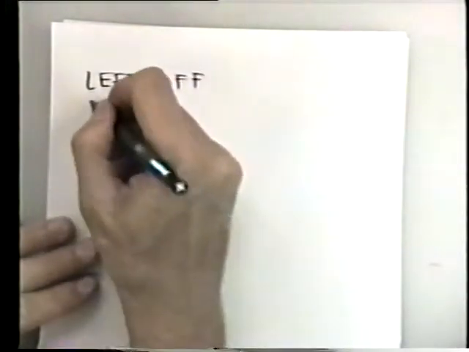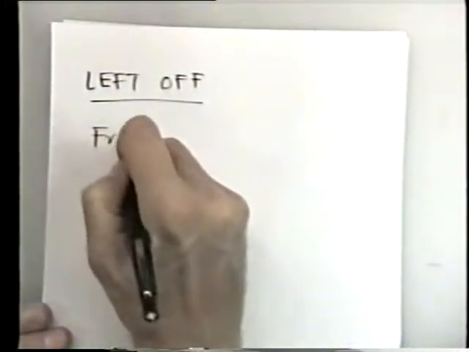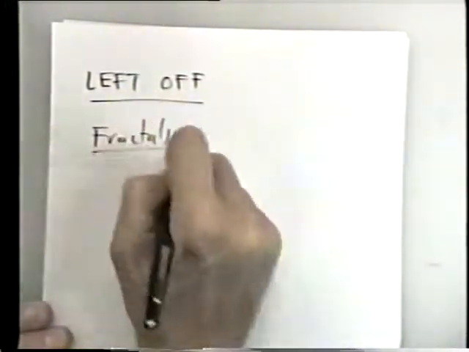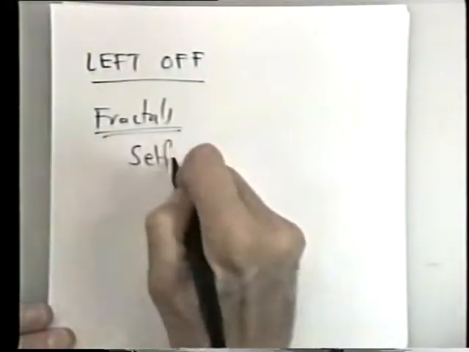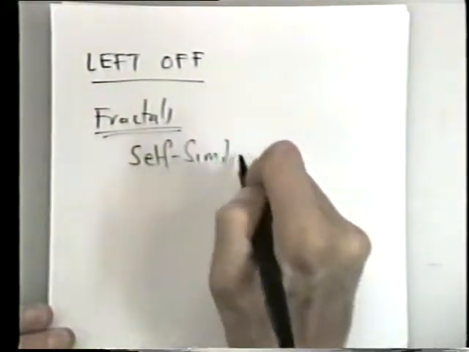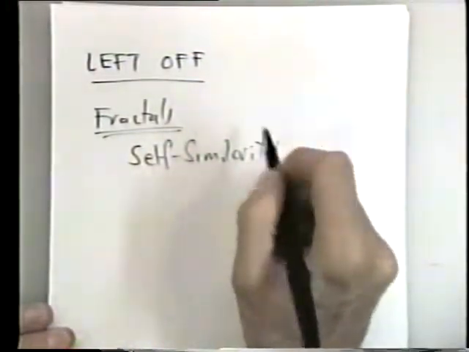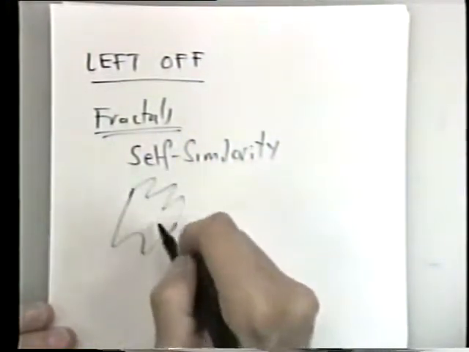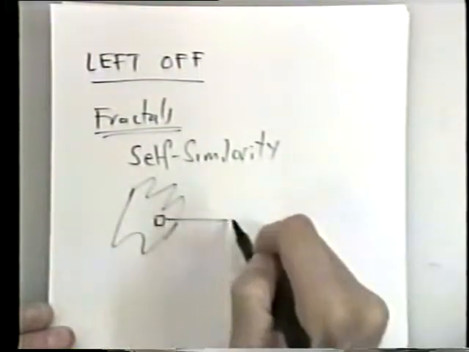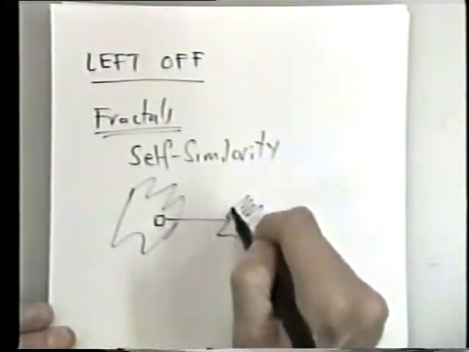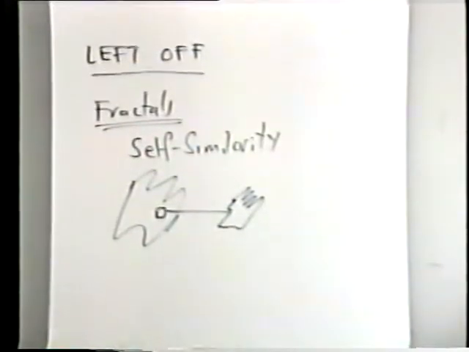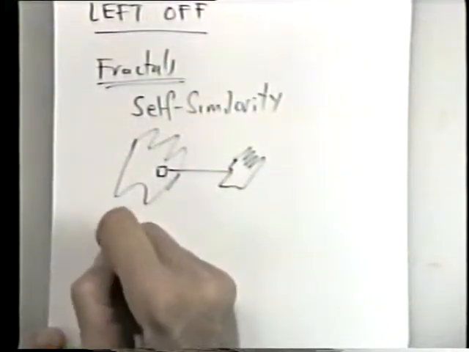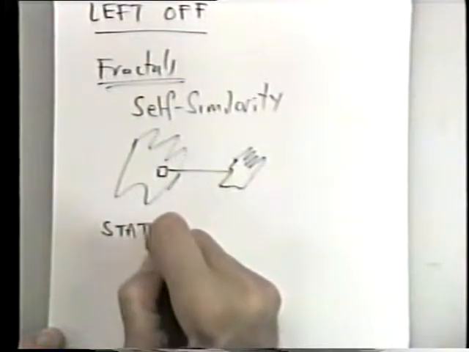So where we left off last time, we said that fractals have a defining property, which I called self-similarity, which means that we have some object, and if we look at a little piece of that object, the little piece has some resemblance to the whole object. Now, in real biological systems, what we're really dealing with is what I called statistical self-similarity.